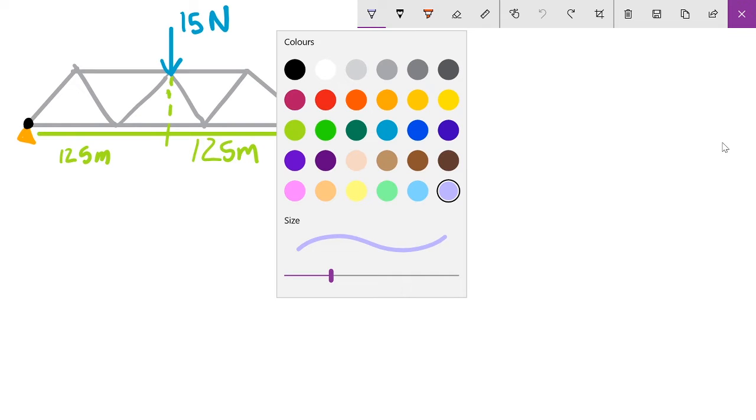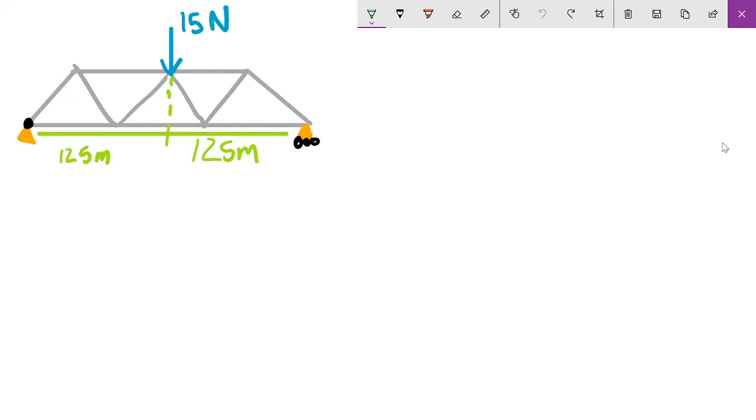So if you have a bridge like this, let's say, and the force is coming down directly in the center, and the distances are 125 meters and 125 meters.